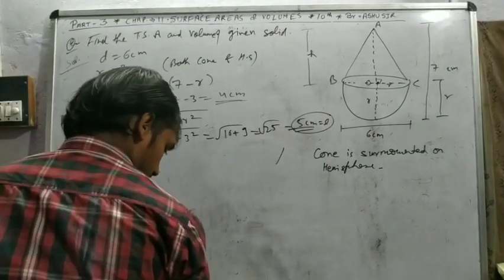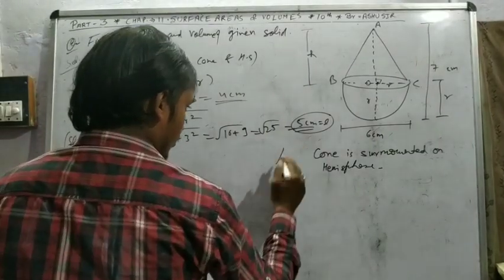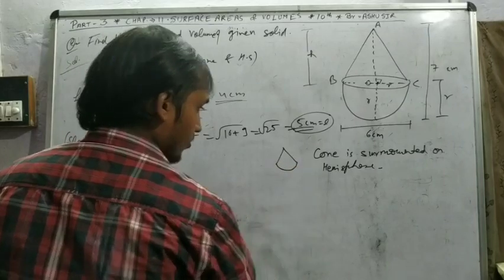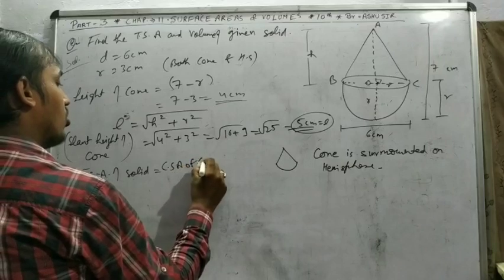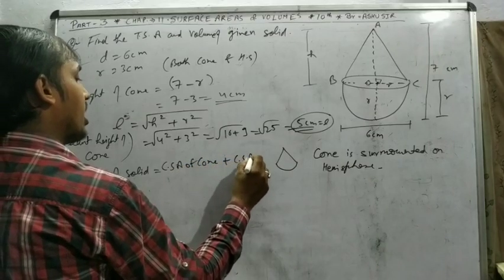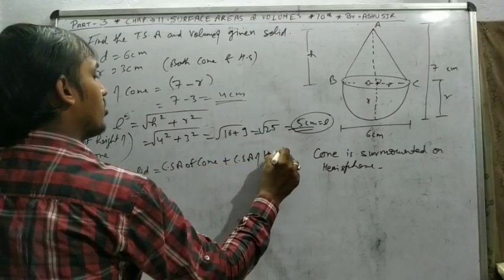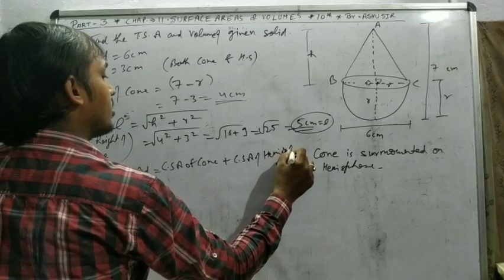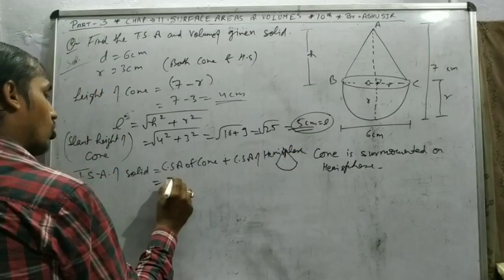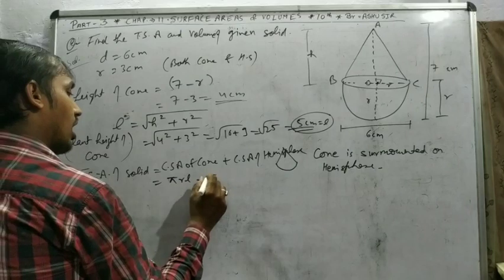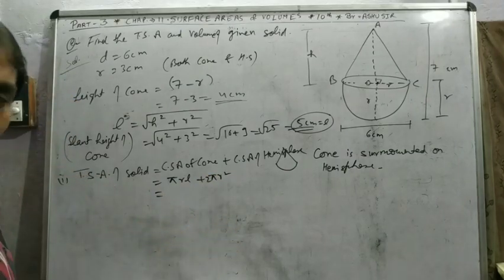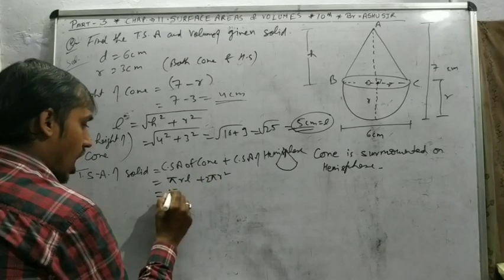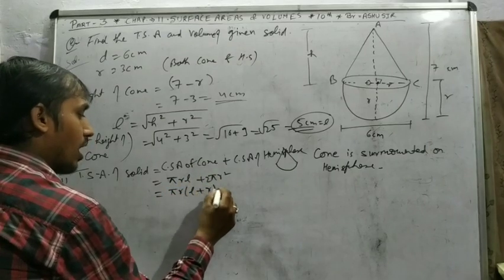Just like this. So CSA of cone plus CSA of hemisphere. Cone pi rl, hemisphere 2 pi r square. Radius is the same, so we can take pi r common, l plus 2r.